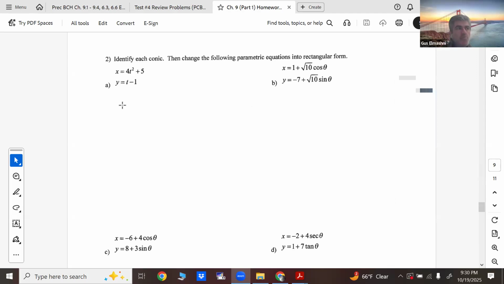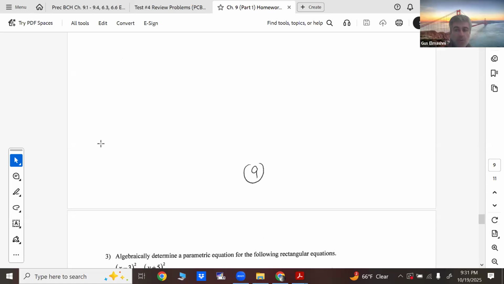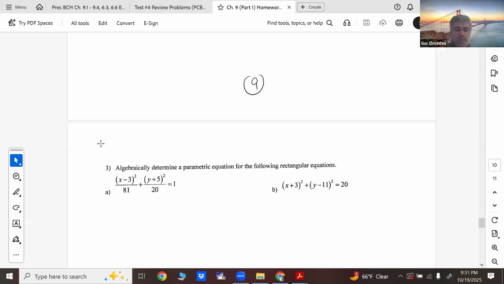I'm not going to ask that for a parabola because the answers are too open-ended. So it'll be something that involves trig, just so you know. Would you ask us the other way around, to take a parabola in rectangular form and put it into parametric form? Or is it just going to be ellipses and hyperbolas or circles? Yeah, it could be that too.